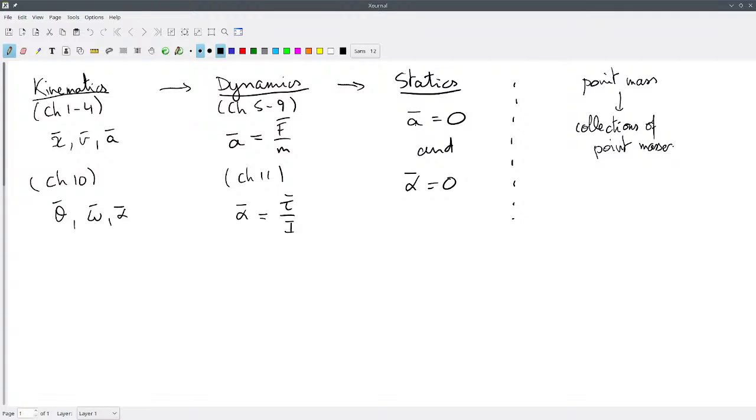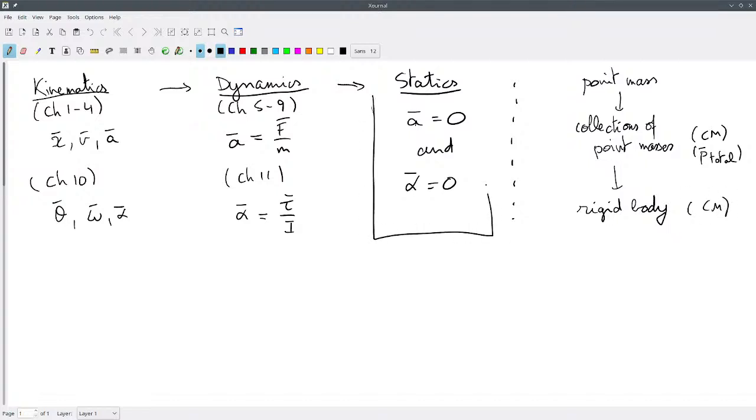And that's when we introduced, for example, the concept of a center of mass, or total linear momentum. And then we've also applied this to rigid bodies, which are fixed objects with a finite extent, where we also have to think about center of mass.